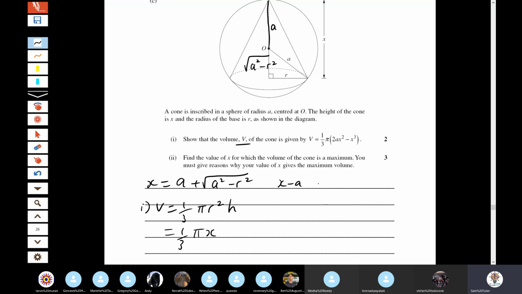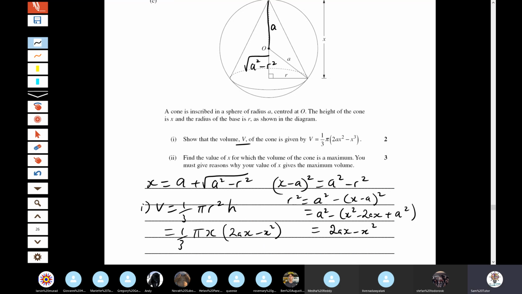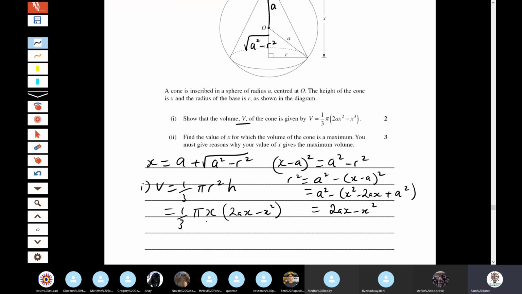So you're going to get x minus a, you're going to square it, and then swap sides. So r squared is equal to a squared minus (x minus a) squared. And then you might as well expand and simplify that side. So a squared minus x squared minus 2ax plus a squared. Yep, a squared's cancelled out and voila, we're done. We've done it right, and we can see it, 2ax minus x squared. Perfect.